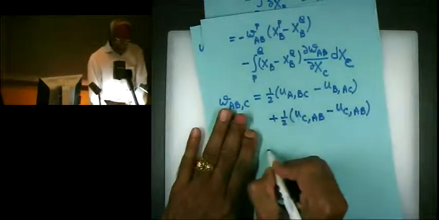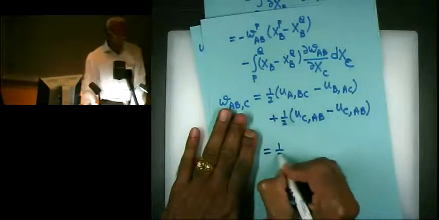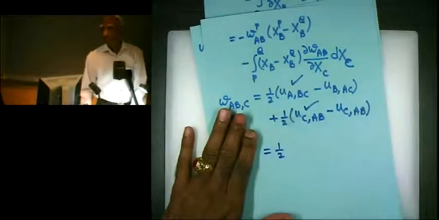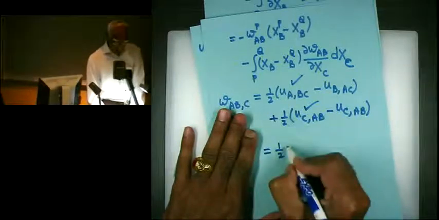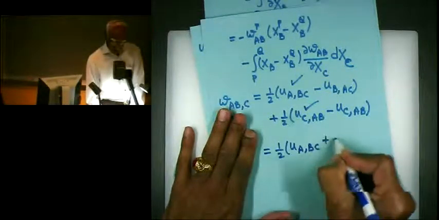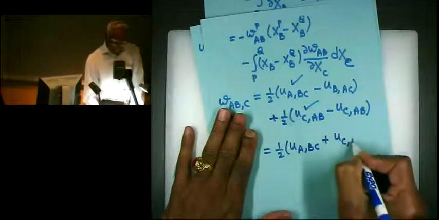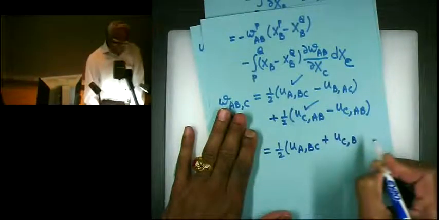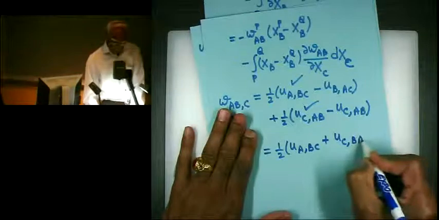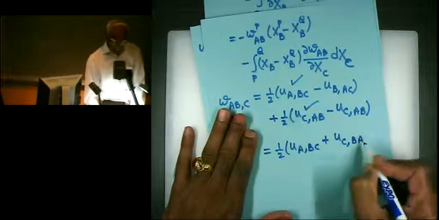the first term, combine these two, so we have 1/2 U_A,BC plus U_C,B A or AB, doesn't matter. Actually, I had U_C,AB.